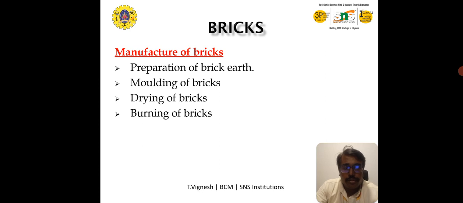It is used to construct buildings. Predominantly, we are using red sand bricks, whereas nowadays fly ash bricks are also used. In the stone era, we used stones as a construction material for buildings, but now we are using red sand brick as the major brick.